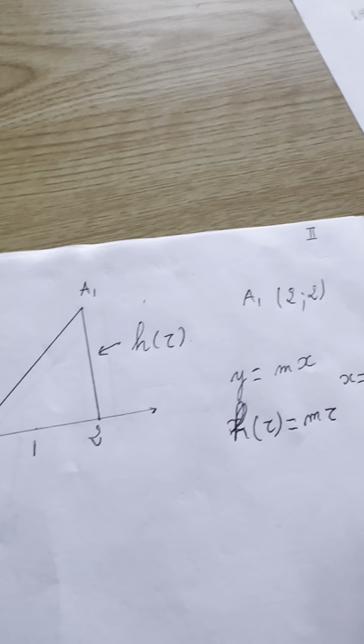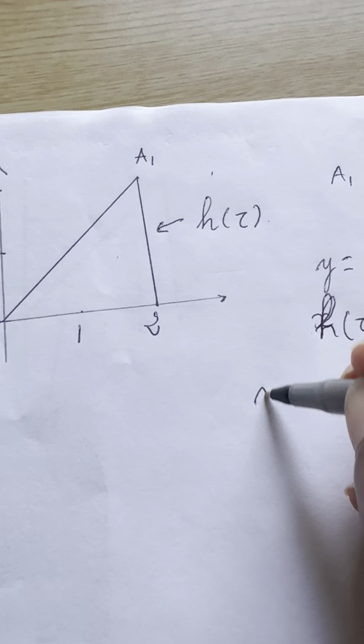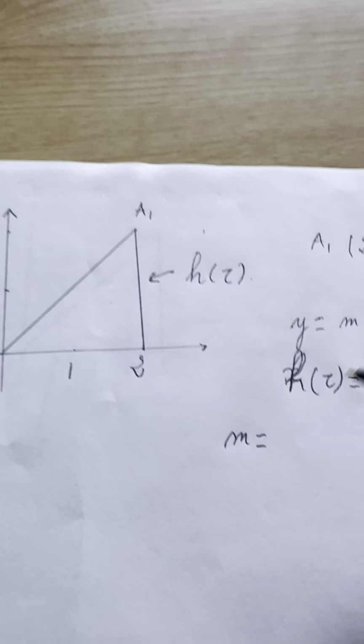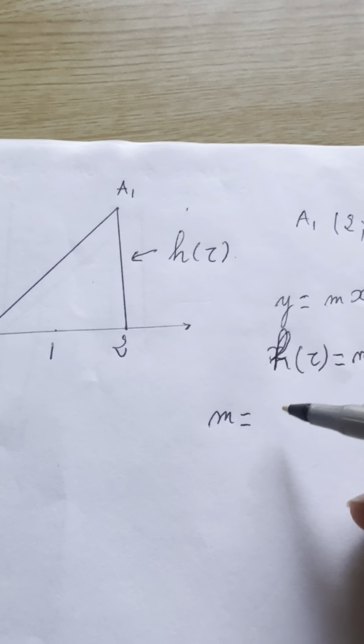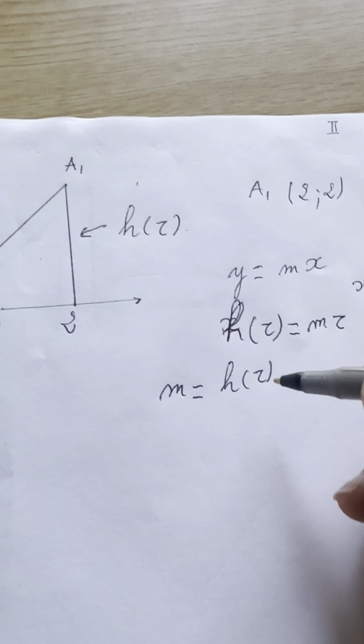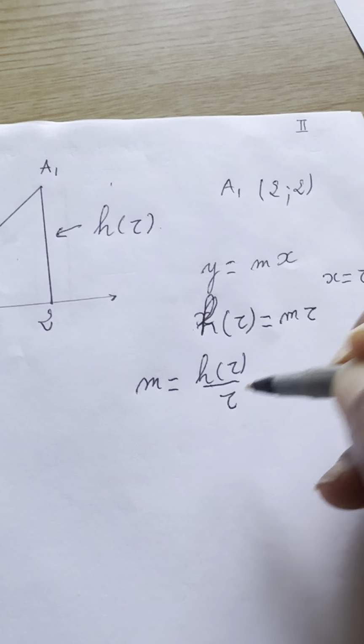We need to find m. So m becomes h(tau) divided by tau.